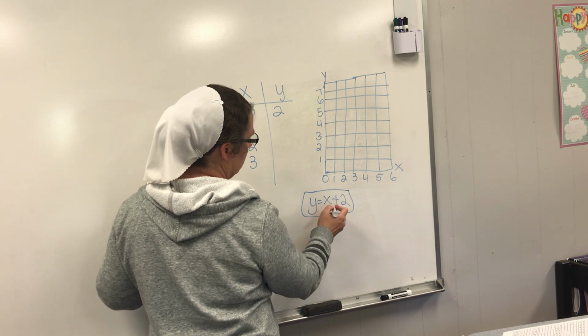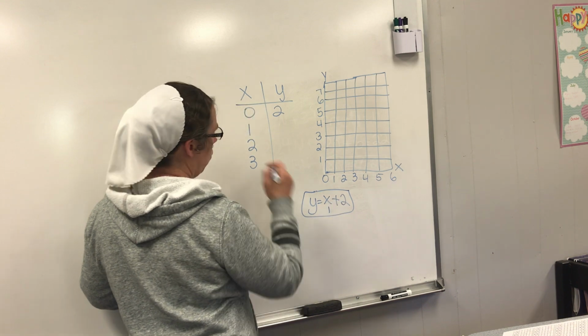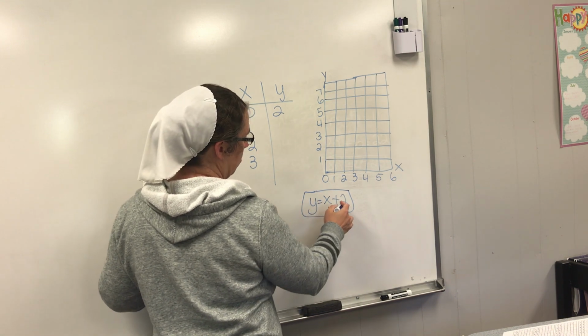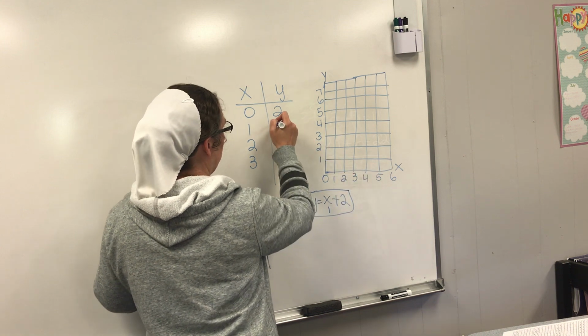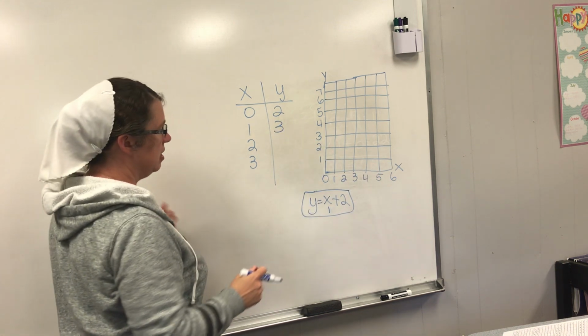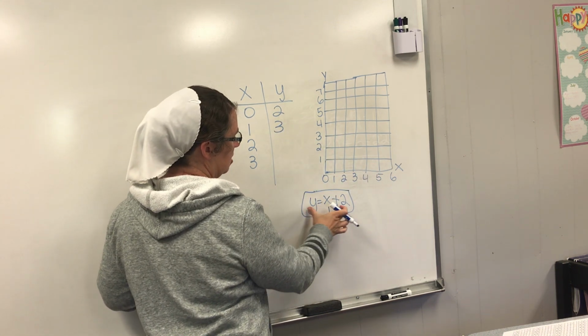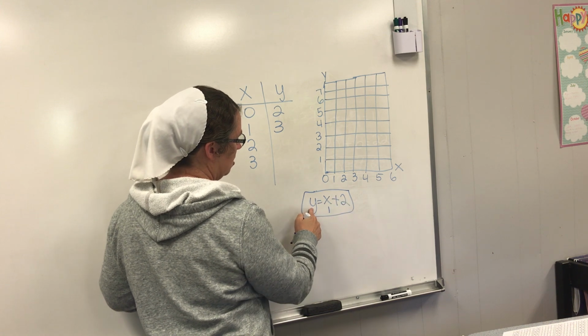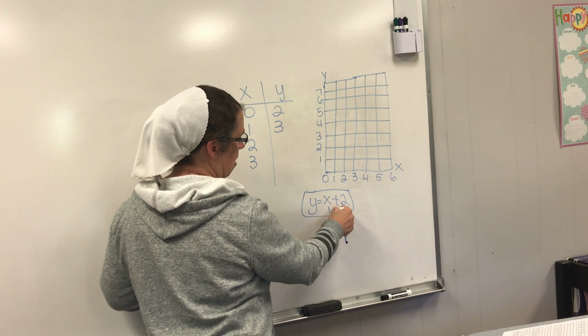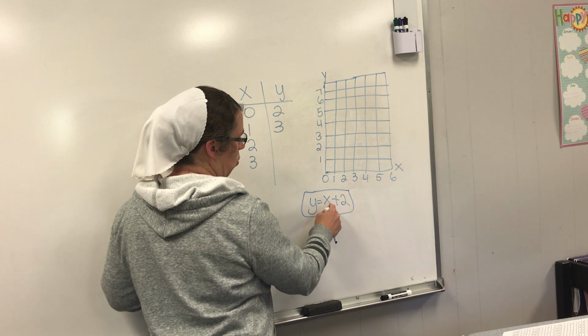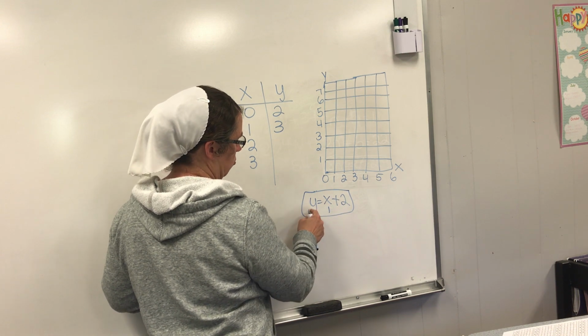All right, if our x is 1, our y would be 1 plus 2 is 3. So our y is 3. What we're doing is coming up with a number to make this equation equal. This number has to be the same as whatever this would be. 1 plus 2 is 3, so y is 3.